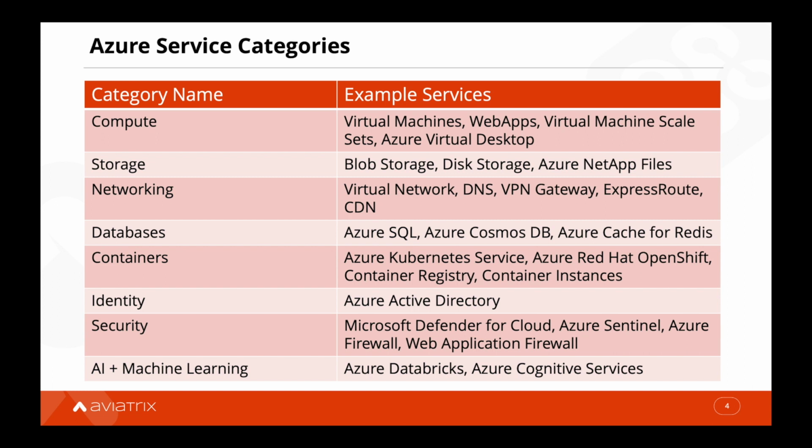We have Azure Firewall. We have Web Application Firewall. There are also artificial intelligence and machine learning services offered. Some of these services are Azure Databricks and Azure Cognitive Services. Note this is not an extensive list of the categories and services. If you want to consult all of the services Azure offers, you can always refer to the Azure official documentation.